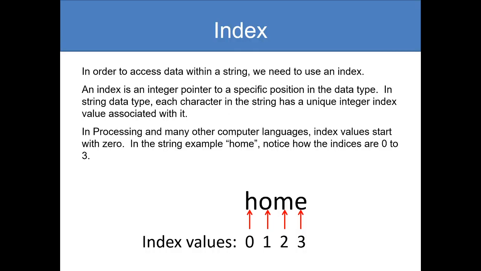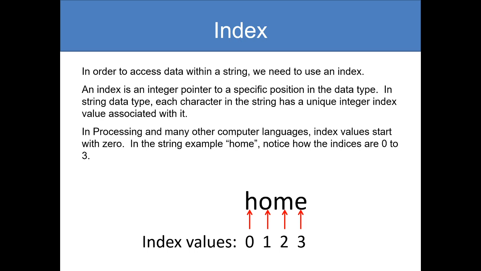Now, that said, we can actually go into a string and see what is happening on the inside. And I'm going to show this to you guys, is we need to use what's called an index. An index is an integer pointer that looks at a specific position in data. In this, each character has a unique index value associated.